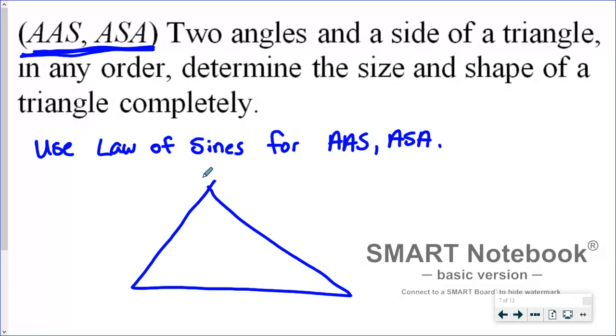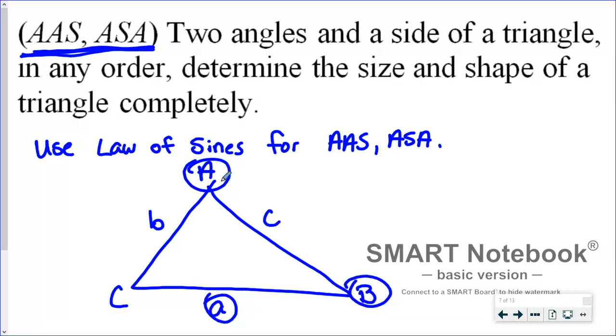All right, so if we have a triangle, and just for argument's sake, I'll call this ABC. So this would be side A, side B, and side C across from their respective angles, of course. Angle, angle, side would be, for instance, if I had angle A, angle B, and side A. That would be angle, angle, side.